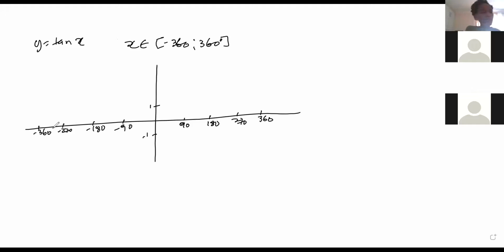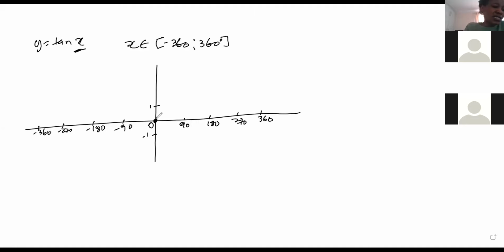If we take our calculator now and punch in the values of x on that equation, we're going to start with 0. Tan 0 is 0, so we are here.